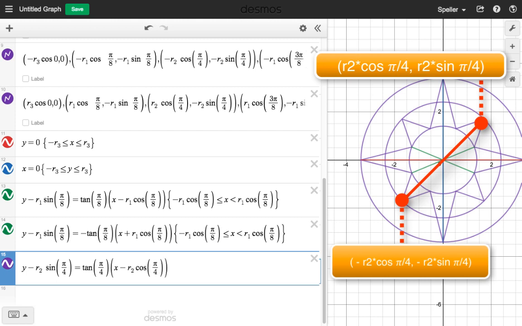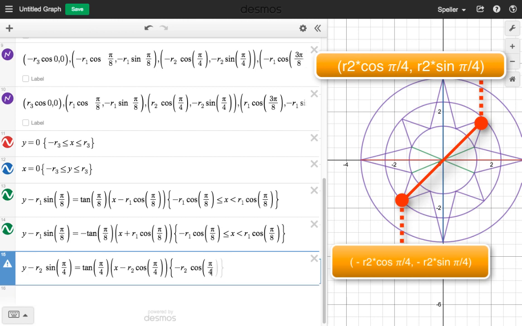And again, we want to limit the domain here. So we want the negative x value, which is going to be negative r sub 2 cosine pi over 4. Whoops, let's fix that. Cosine pi over 4.